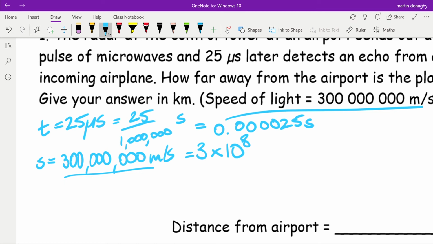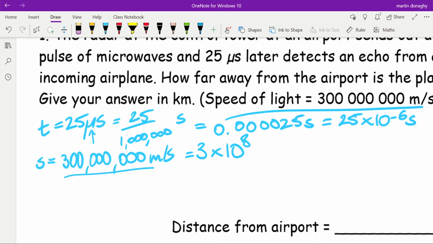What we can do with this microsecond is, micro is exactly the same as 10 to the minus 6. So rather than having to do this whole sum, I can just type that into my calculator as 25 times 10 to the minus 6 seconds. If you're happier doing the other way, type that in, but you're more likely to put in an extra 0 or leave out a 0 if you deal with those numbers.